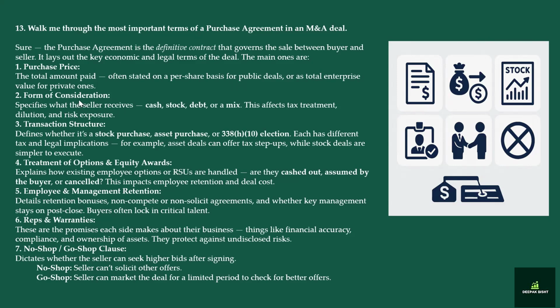It matters because the structure impacts risk, taxation, and post-closing ownership. For instance, all-cash deals transfer market risk to the buyer, while stock deals share the risk between both parties.